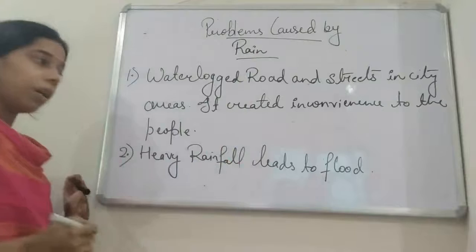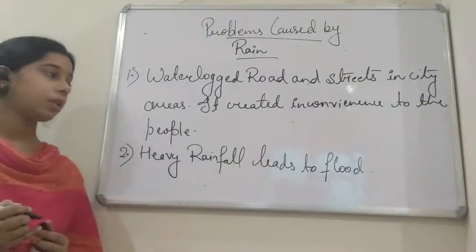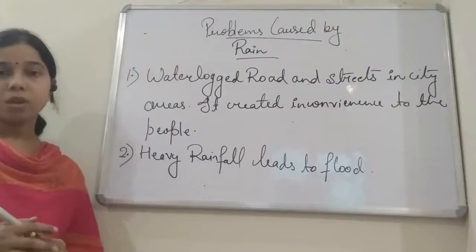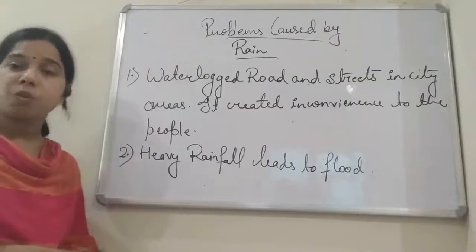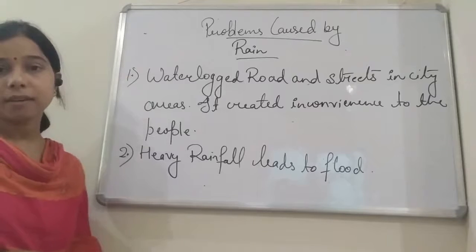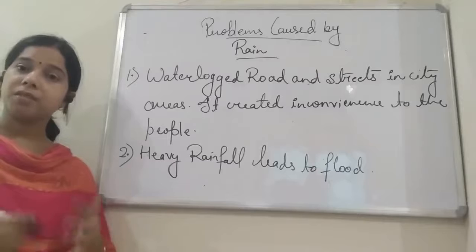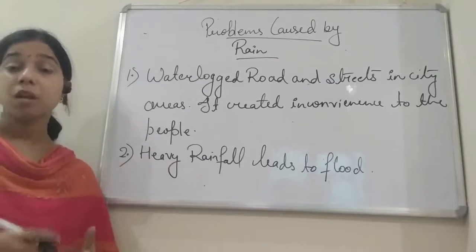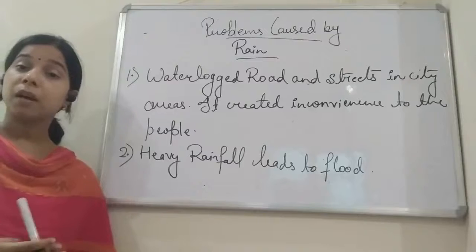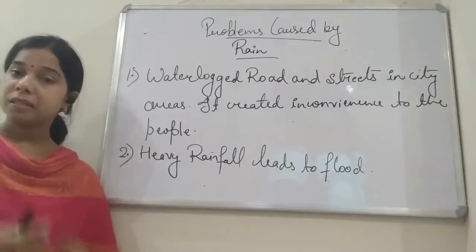So if rainfall occurs a lot, then it will cause a flood, students. So you see here, students, what are the consequences of the flood that living organisms suffer? This water starts moving from one place to another. It will come over the bank of the river and reach the city area.